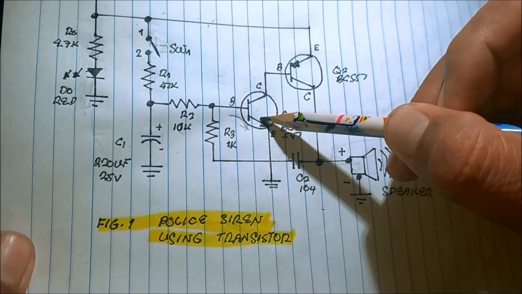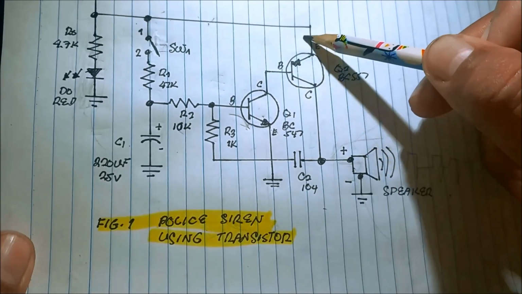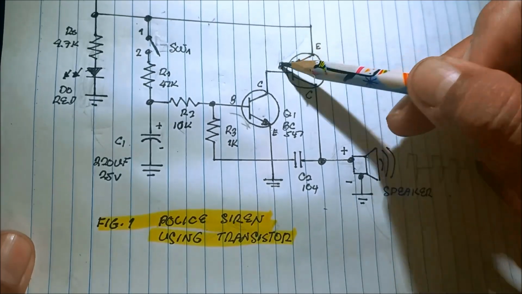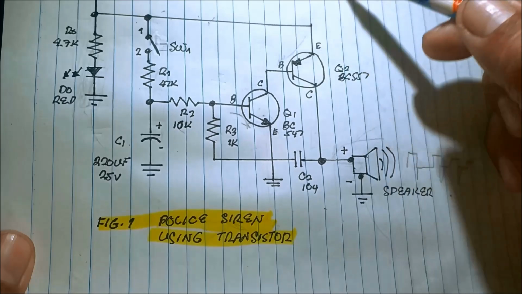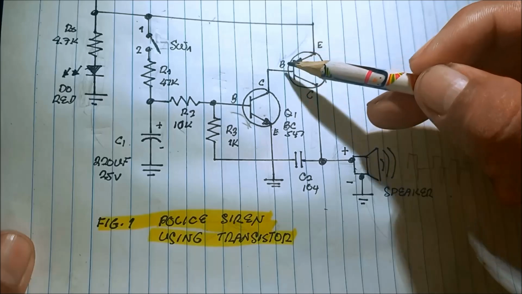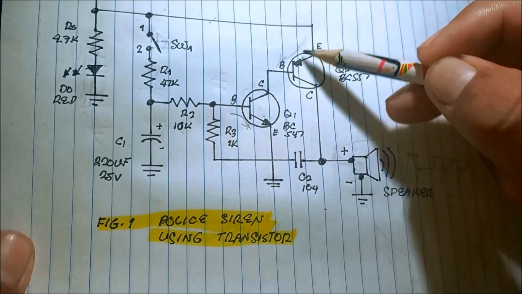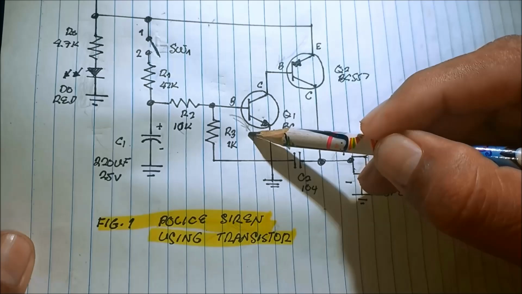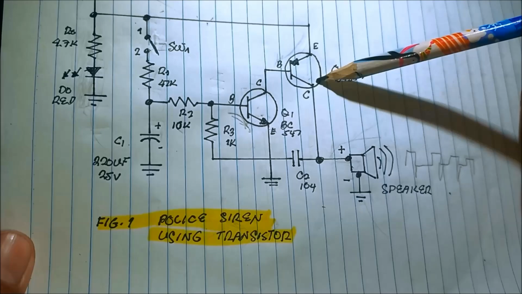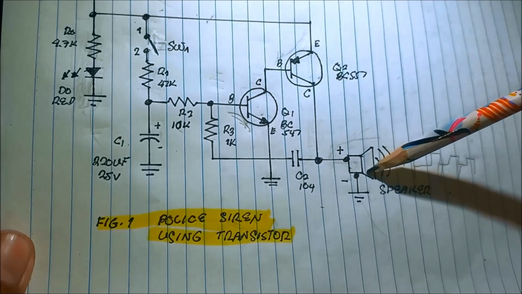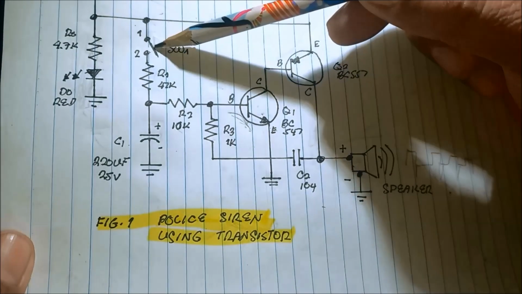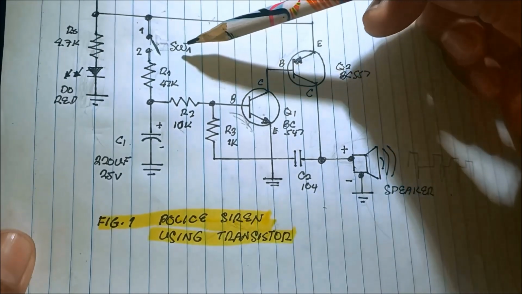To turn on this transistor, we need a current here and then the current here. Since initially there's no current that flows into the transistor and then to the speaker, we will not hear the police siren because the switch is open.